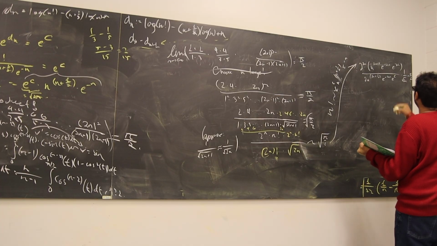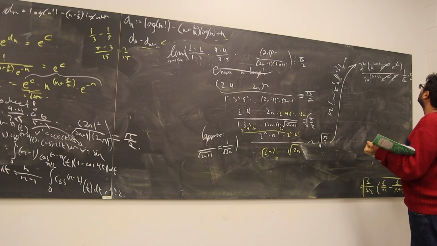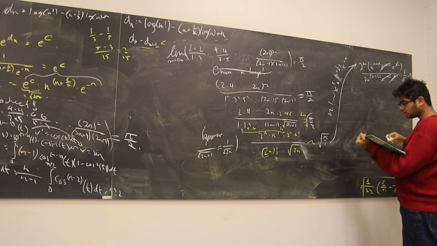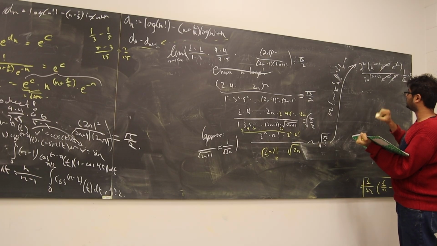So this guy cancels, e to the 2c over e to the c is gone. Other stuff happens, and this stuff simplifies too.